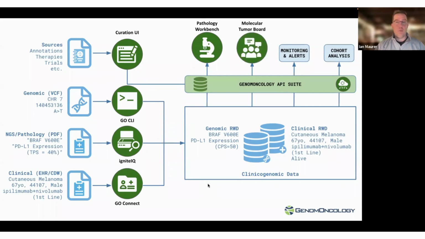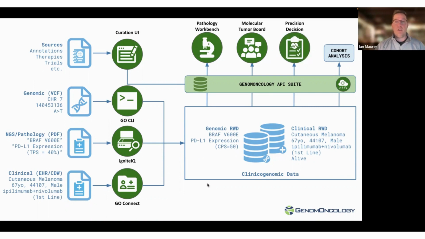We have a molecular tumor board, which supports academic medical centers and reference labs that are working on hard cases to present the information, the genomic information, in context of a case, to then have a meaningful discussion and then make recommendations.